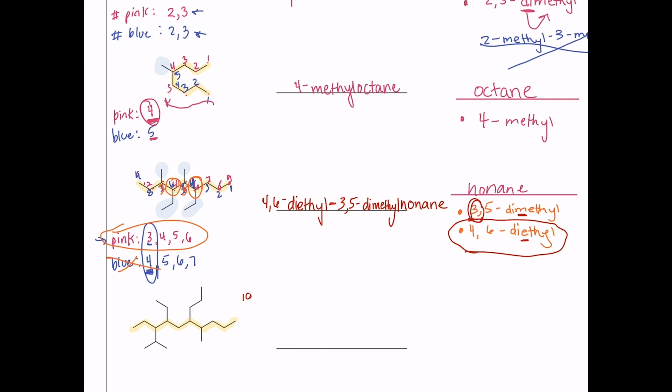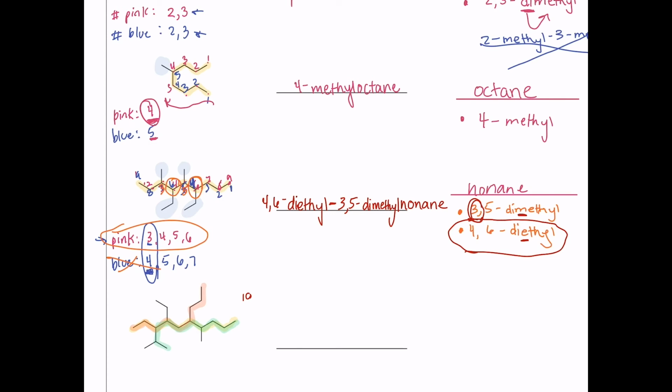All right, let's see if there's any other ways we could do it. 1, 2, 3, 4, 5, 6, 7, 8, 9. Okay, no, not that one. 1, 2, 3, 4, 5, 6, 7, 8, 9, 10. That also gives us 10. Yeah, I think those are really the only long ways I can see.